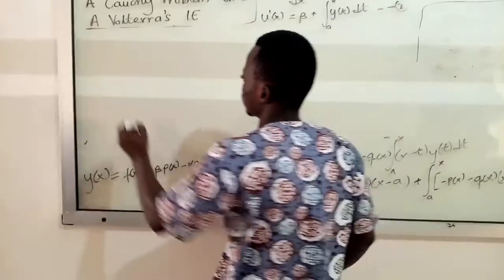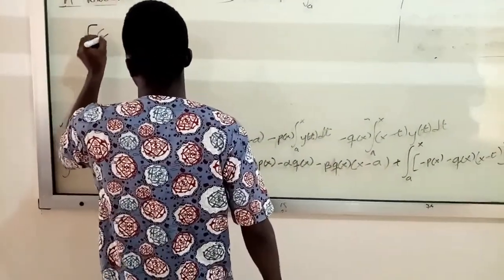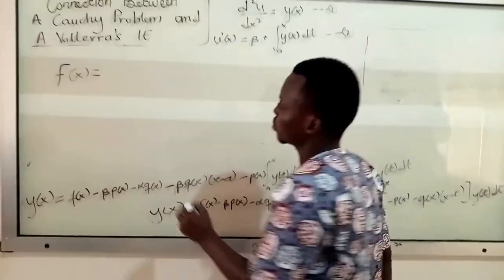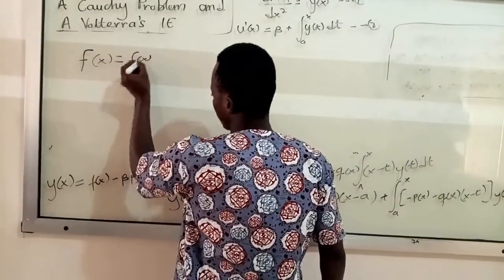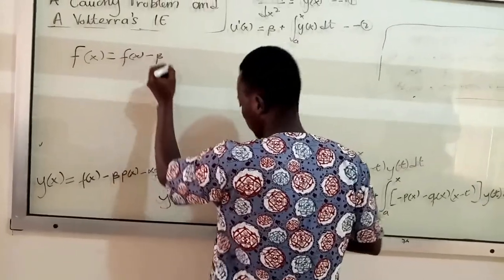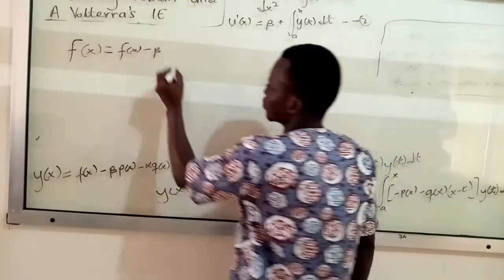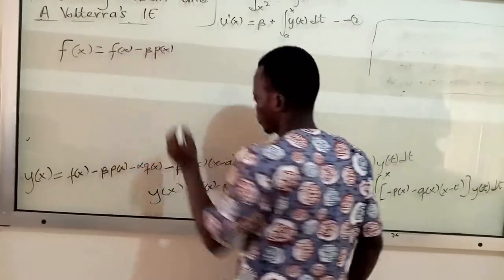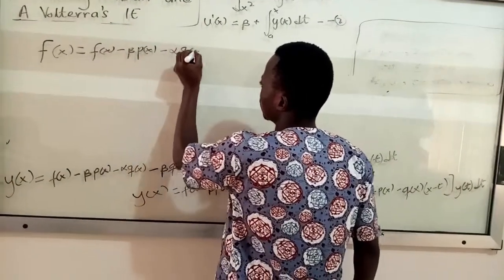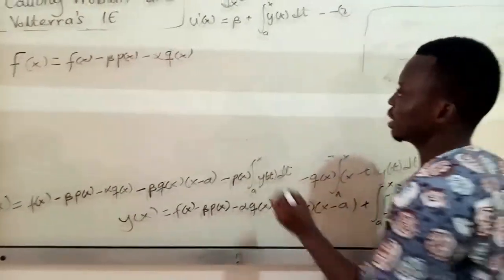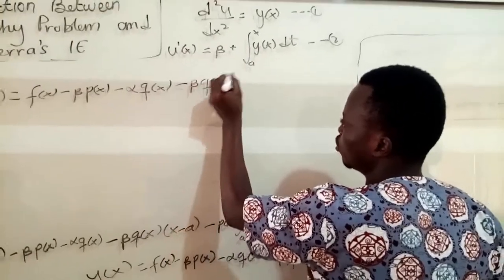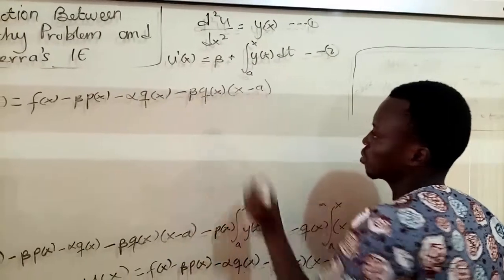Let capital F be equal to the whole of this side: f of s minus beta p of s, minus alpha q of s, minus beta q of s into bracket s minus a.